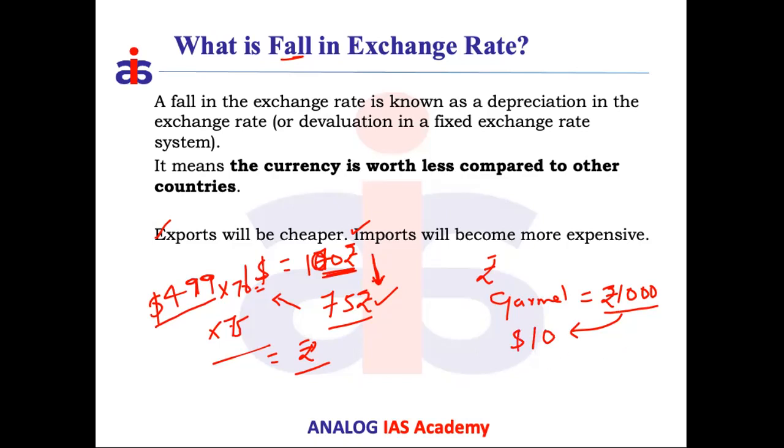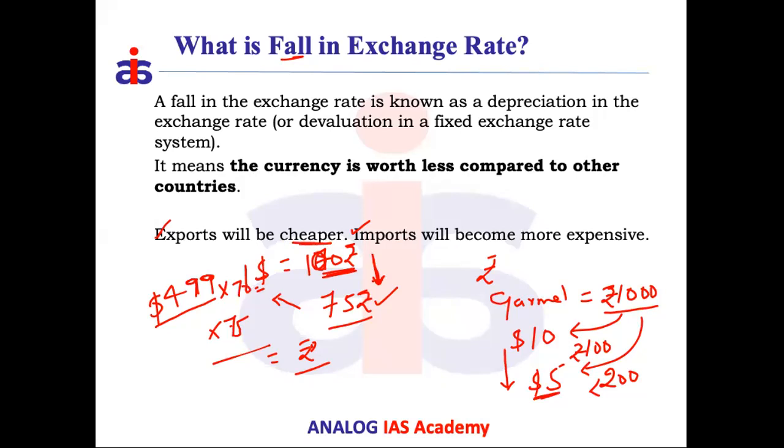The garment value is the same, but now suppose the exchange rate falls to 200 rupees. Now the number of dollars the foreign person needs to pay is only 5, right? So you can see that for a foreign person, whatever exports are happening from India will become cheaper.